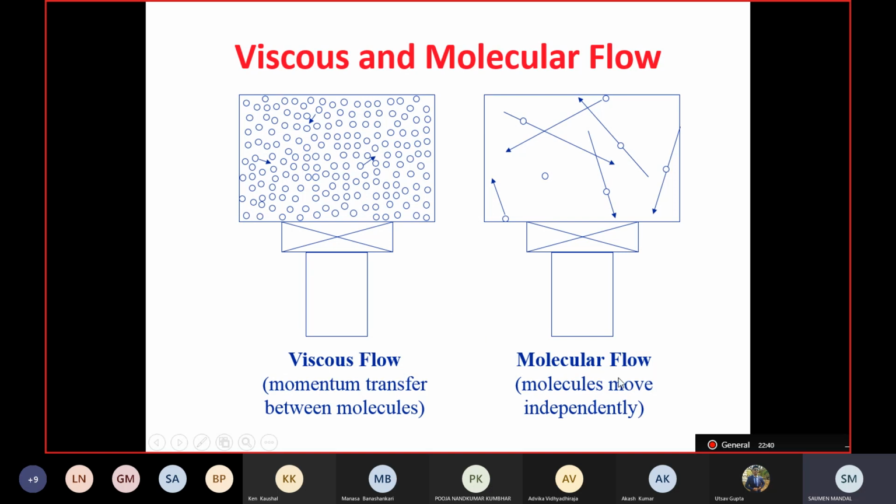Whenever the molecules move independently, we call it molecular flow. In physical vapor deposition, we want the molecular flow regime, not the viscous flow regime. In the molecular flow regime the mean free path is very high. In the next slide I will show you how the mean free path changes and becomes very high.